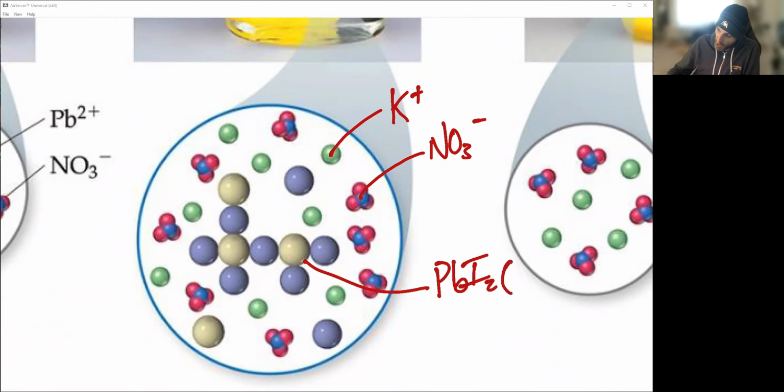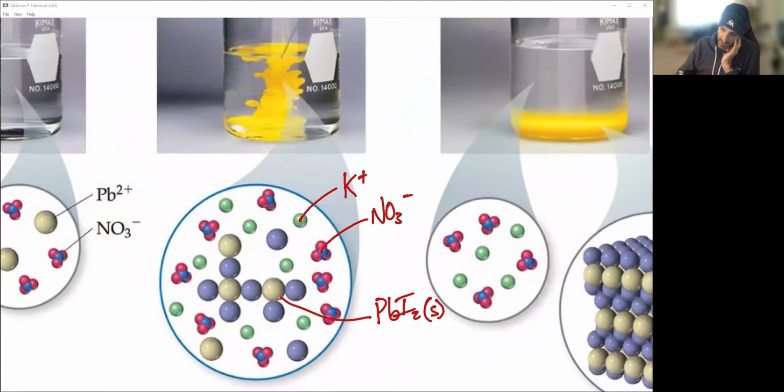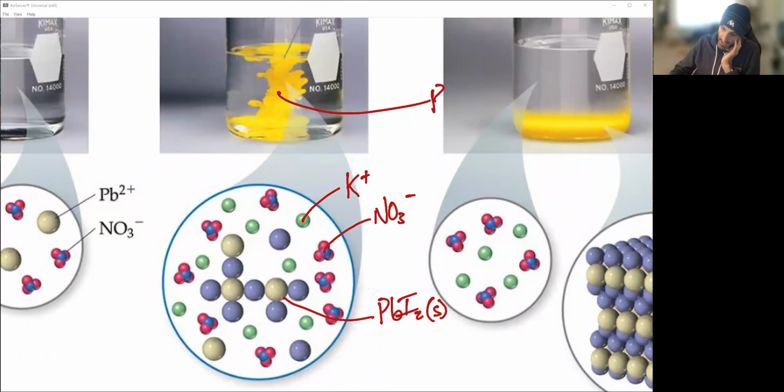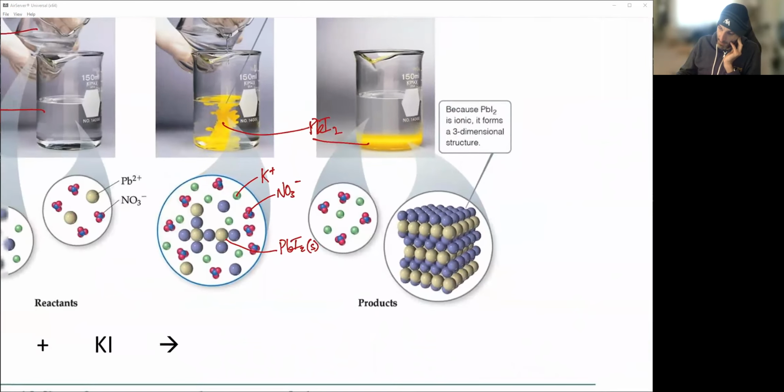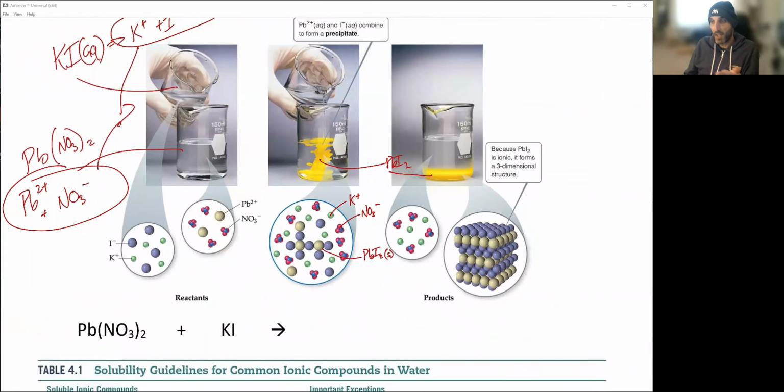They have found each other and started to come together and form a solid, because we know that that is a solid. And that's what you're seeing, this yellow here is the lead iodide. It's going to be here on the bottom. So overall, lead iodide forms a solid, leaving behind the solution. So we have lead iodide solid.